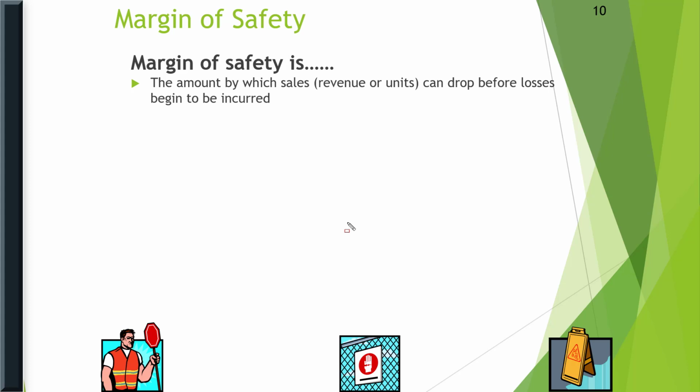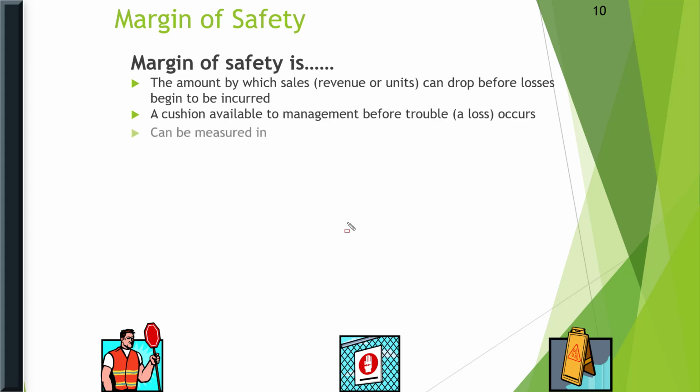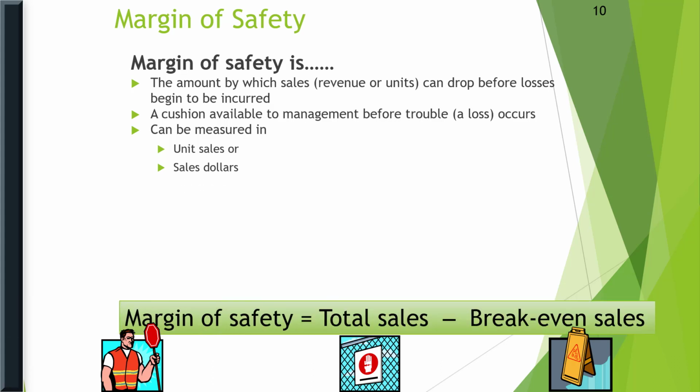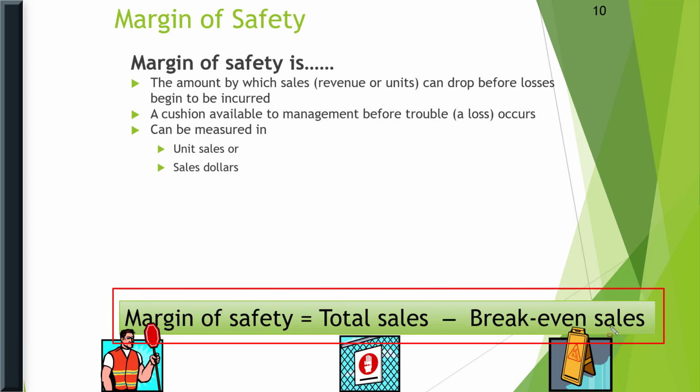That means an organization can identify a particular amount, called the margin of safety, and it will warn the business before they incur losses, and it can be measured in unit sales or sales dollars. And the margin of safety equation is: margin of safety equals total sales minus break-even sales, and we already know what total sales and break-even sales are.